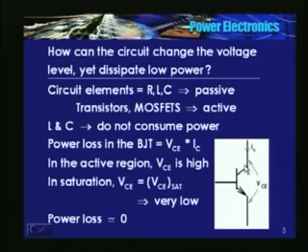So power loss in the BJT is VCE times IC, and we all know that if I operate this transistor in the active region, VCE is high, and if the transistor is operated in saturation, VCE is low.